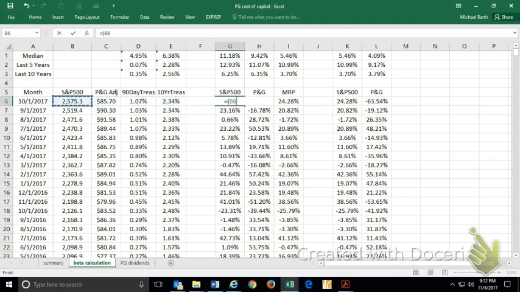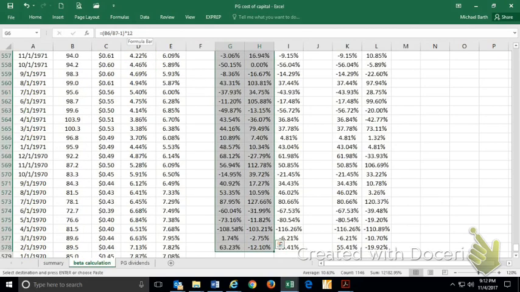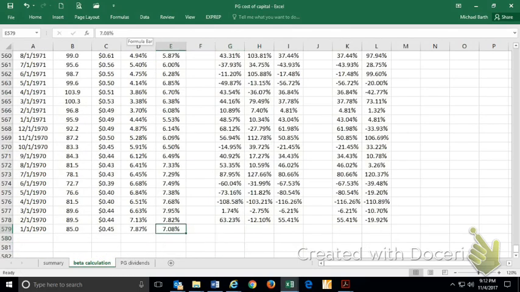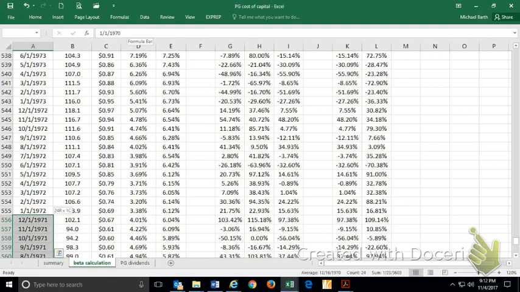So take the October 1st S&P 500, divide it by the September 1st, subtract 1, and that's the percent increase for the month. To annualize that, simply multiply it by 12. Okay, and then I just copy that down.